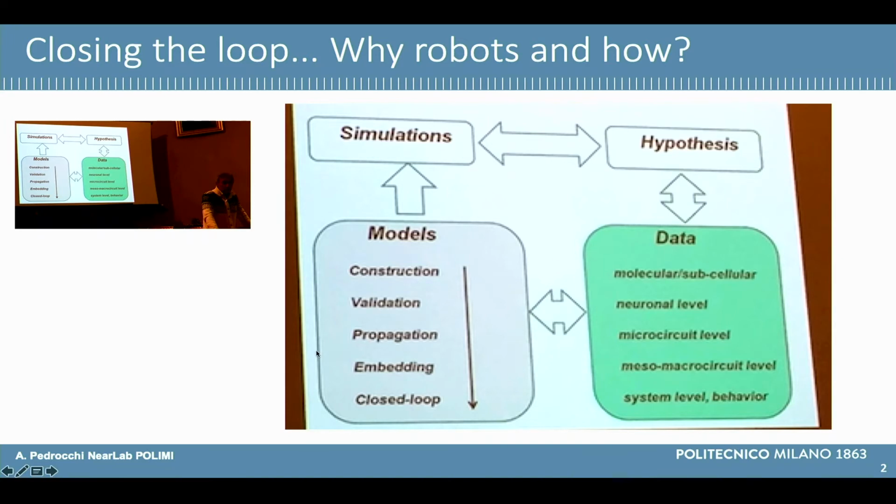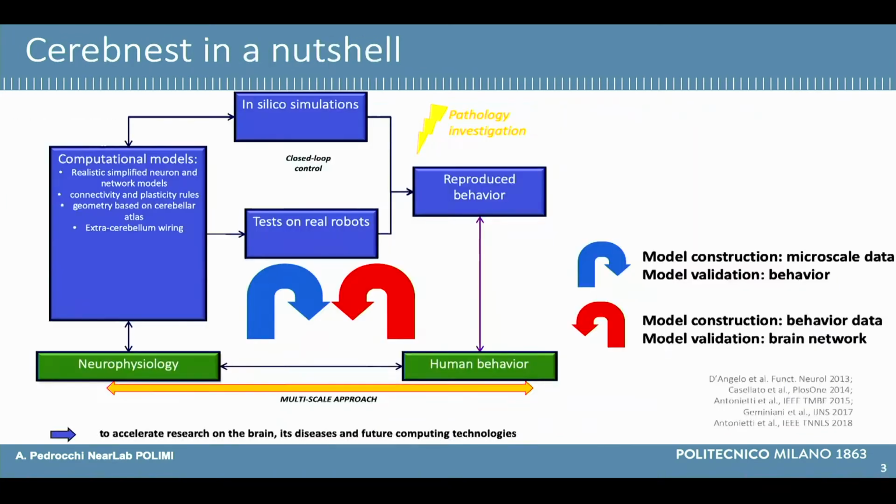And models can talk to data at these different stages of the scales. And so what we indeed have been working on is about giving validations, embedding computational models into simulations, which can be done in silico or with real robots, so to reproduce a behavior.